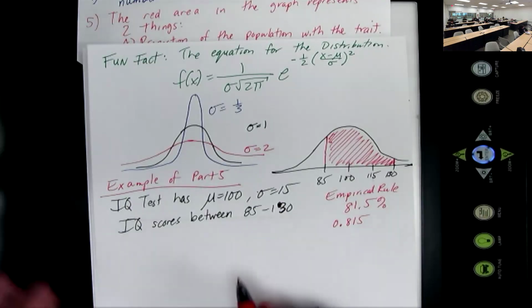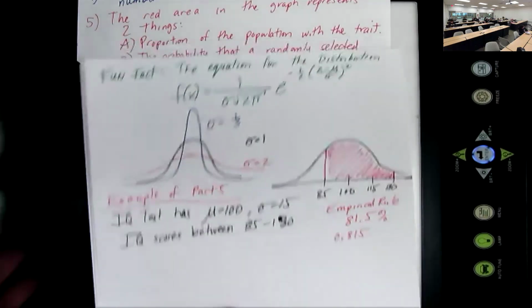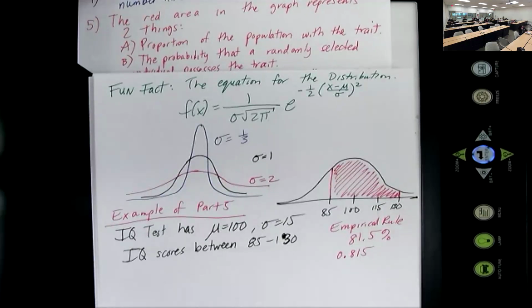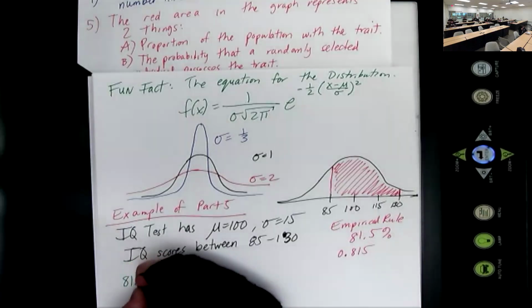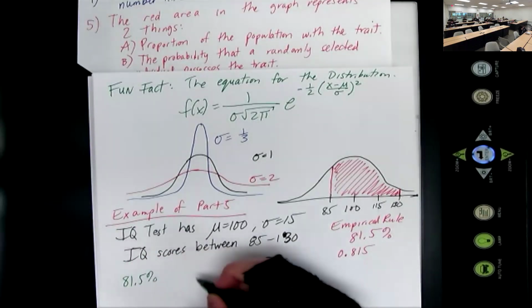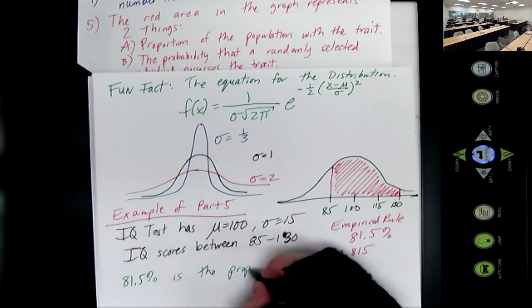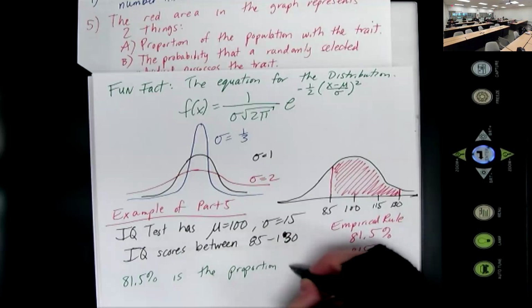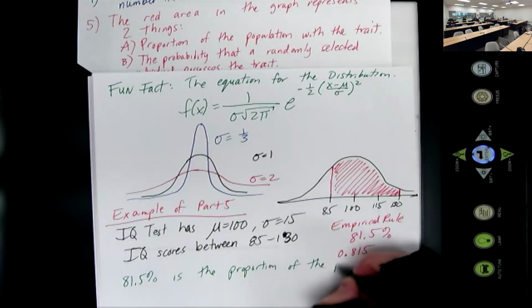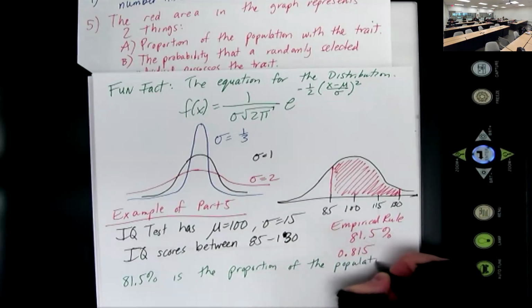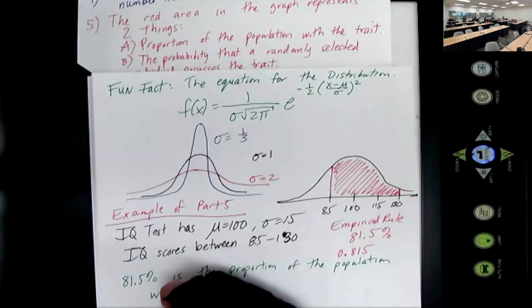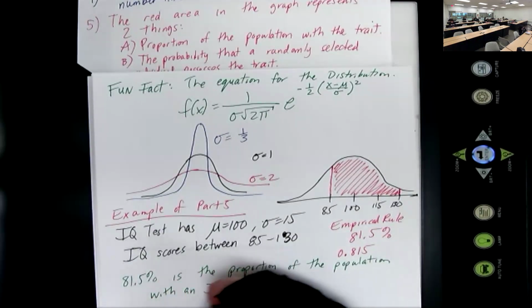So applying this to the thing we said above. The 81.5% is the proportion of the population with an IQ between 85 and 130.